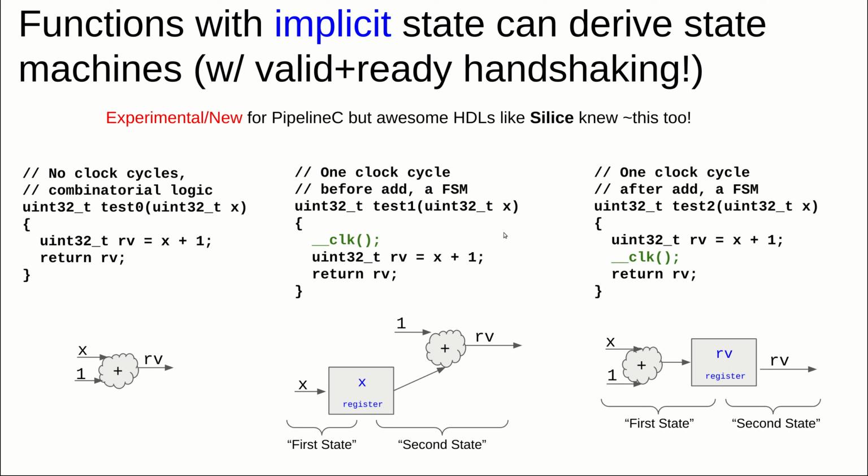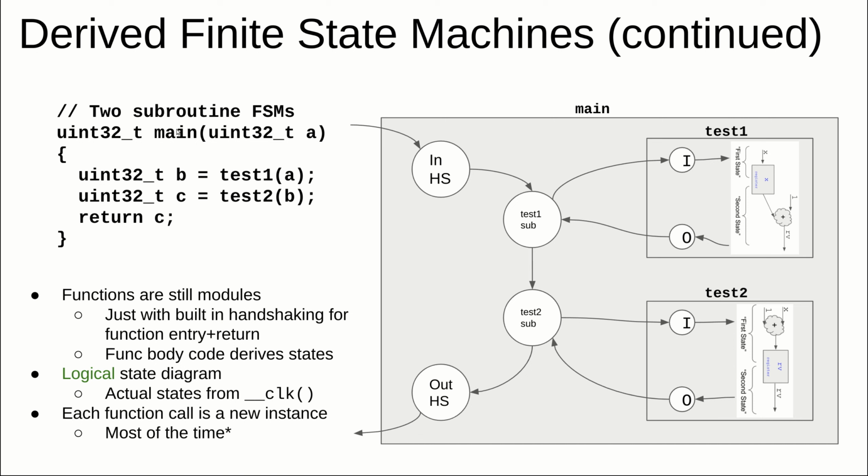Talking more about these derived finite state machines. If you look at this main function here now, it's calling the two test functions from the previous slide, just one after another. And so over here in this diagram, you have an input handshake for entering this main function.